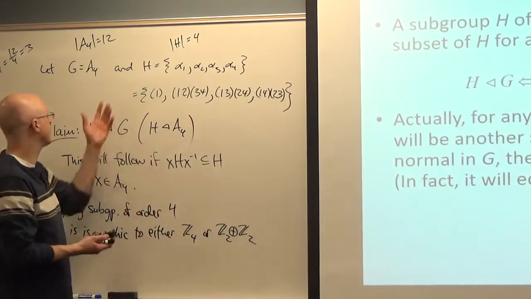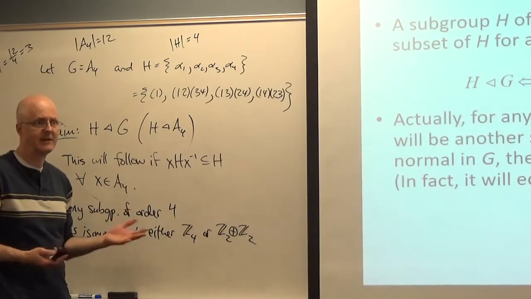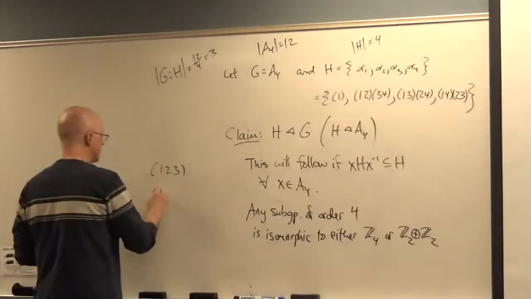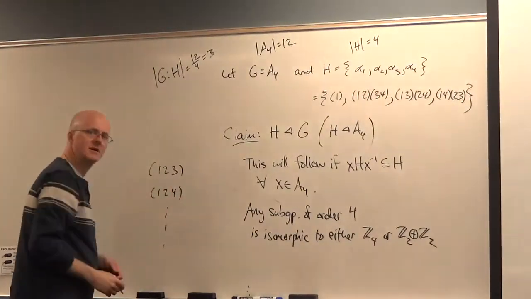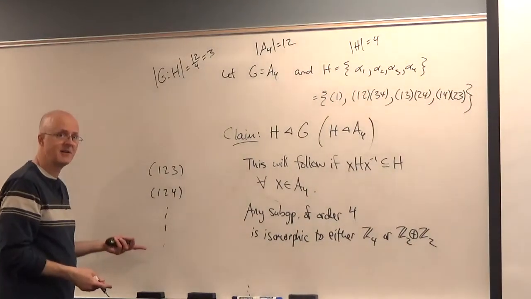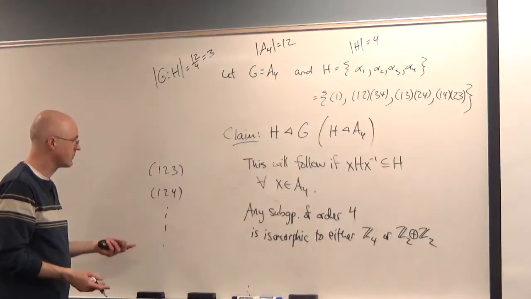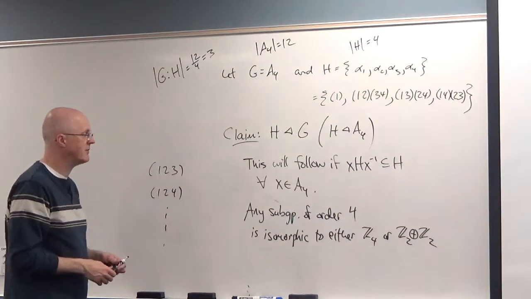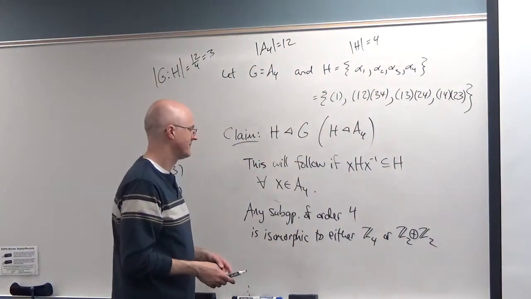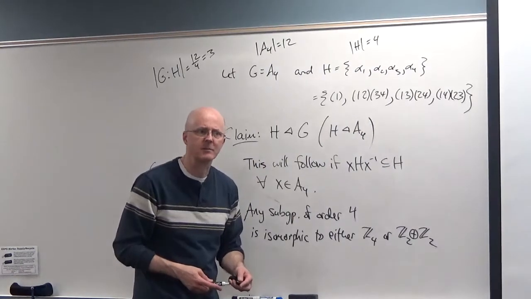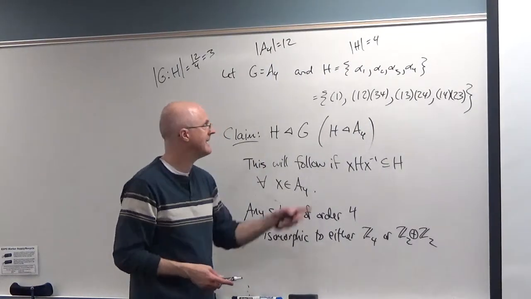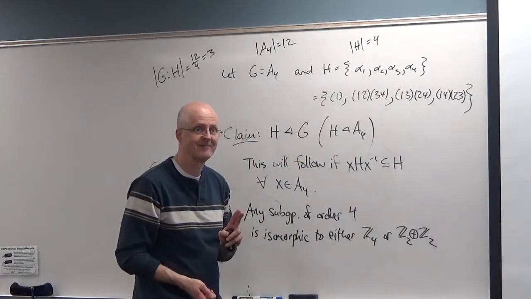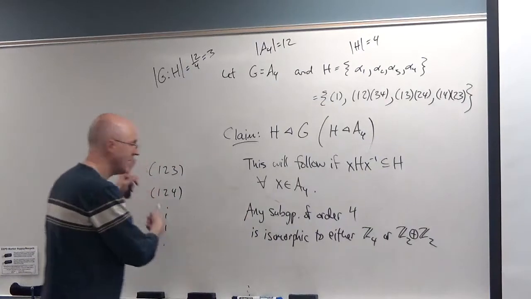And the other elements of A4 are all 3-cycles that have order 3, like (1 2 3) and (1 2 4), etc. Those are the other 8 elements of A4. There are 3-cycles which have order 3, not 4. So in fact, H must be the only subgroup of order 4. It's got the only 3 elements of order 2 in it. The other elements all have order 3.